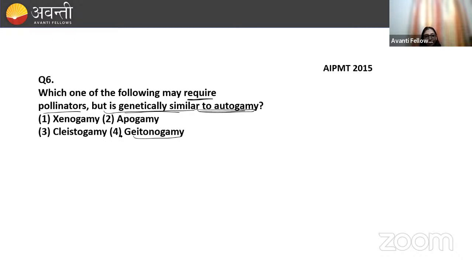That is why the correct option is geitonogamy. Very good, Ms. Gauri.